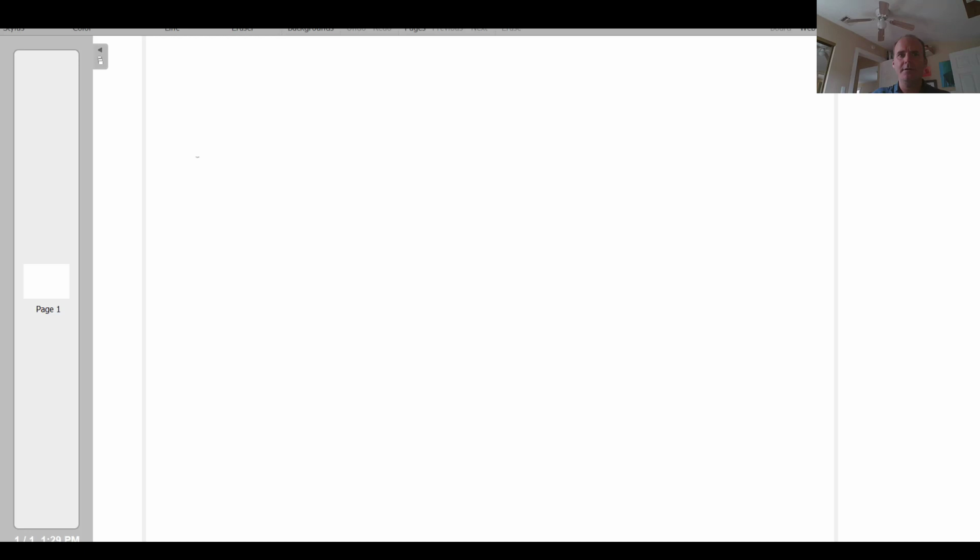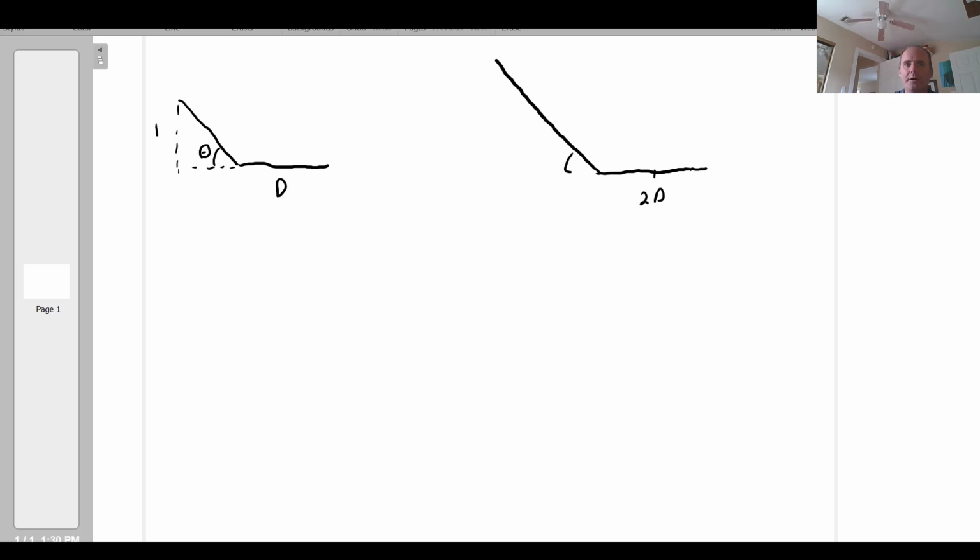The first scenario, this is the ramp, D, at some angle. Now let's make this one 2D, and we've got the same angle here. So now we have a new height.